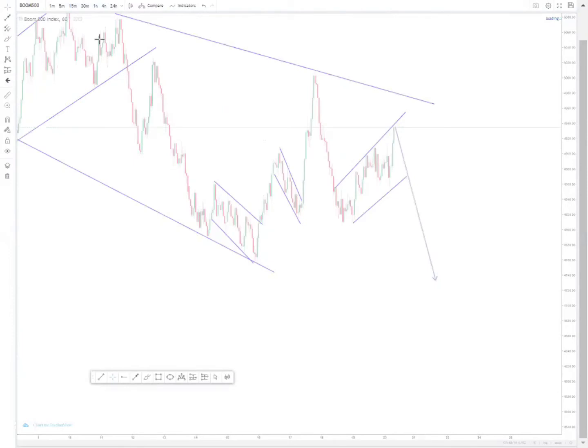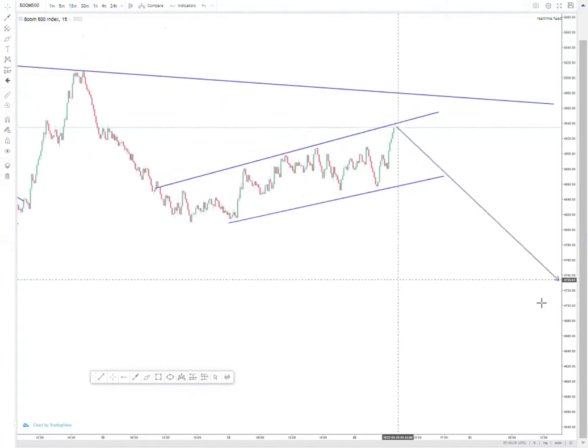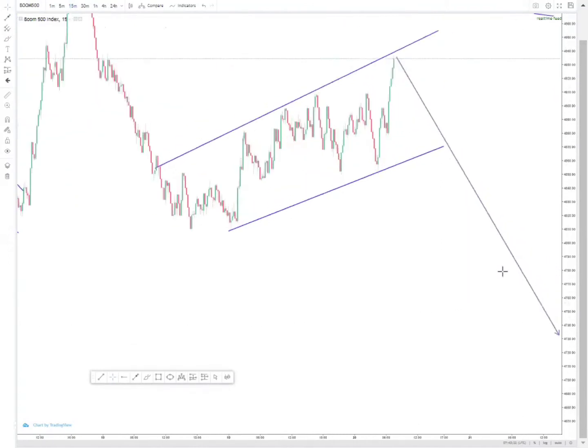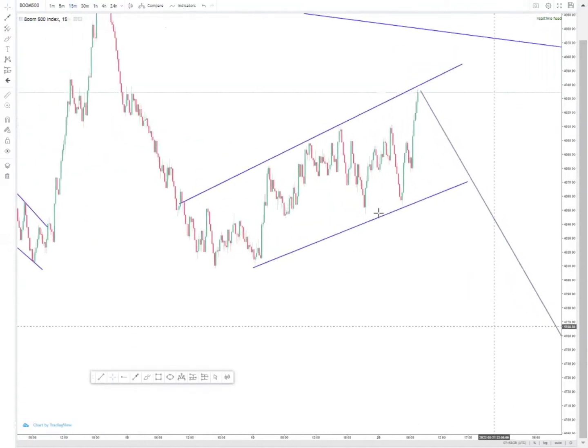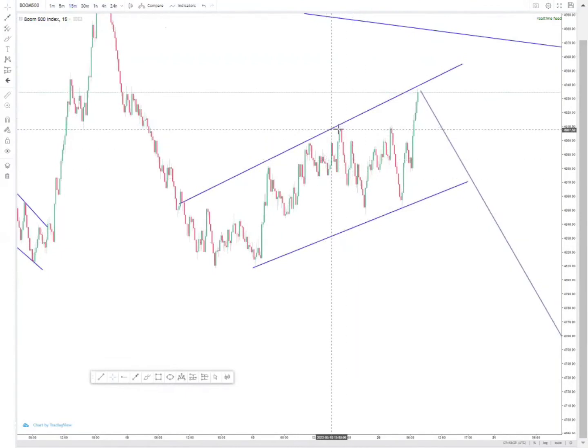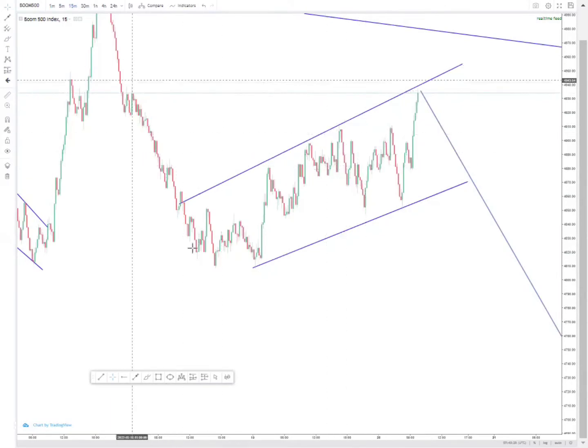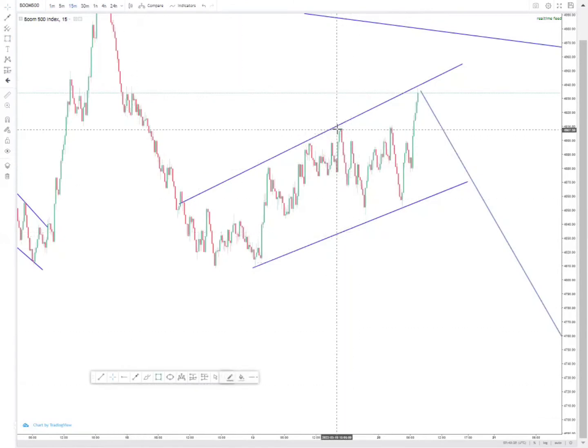Even if we go down to the 15 minutes time frame, you can see that the reason I took that trade was because it broke out of this double top here, and then I took my trade here.